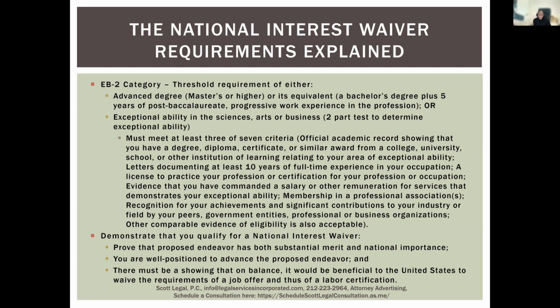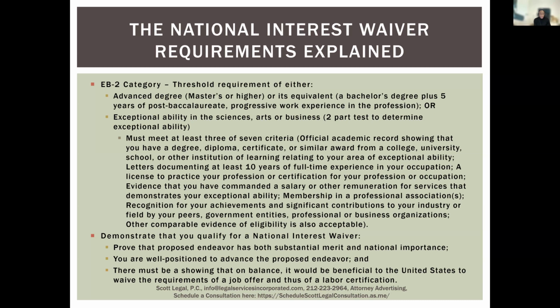So then the final criteria is that, on balance, it's beneficial that the labor certification is waived, because the government's already said that they believe it's in the national interest to protect U.S. jobs.